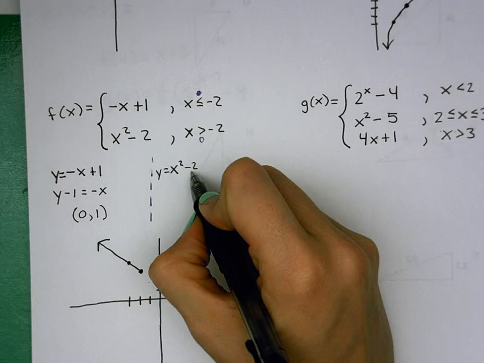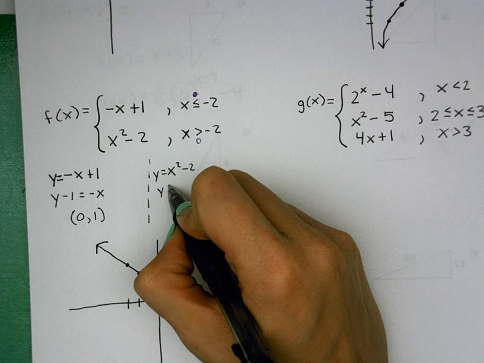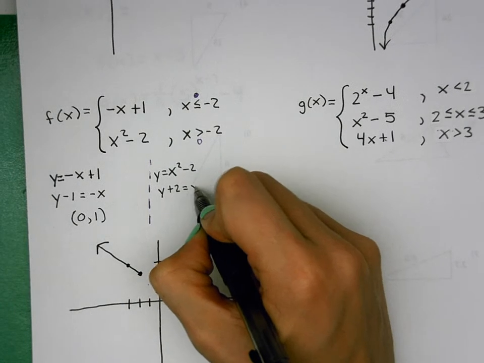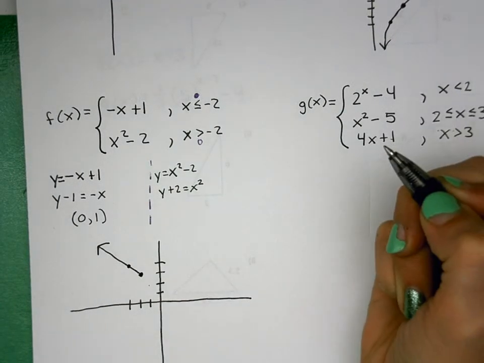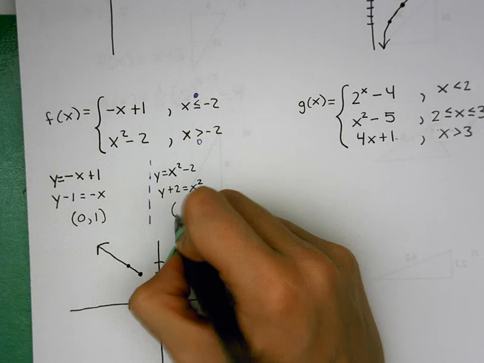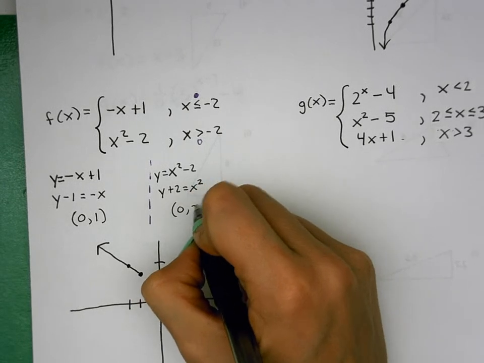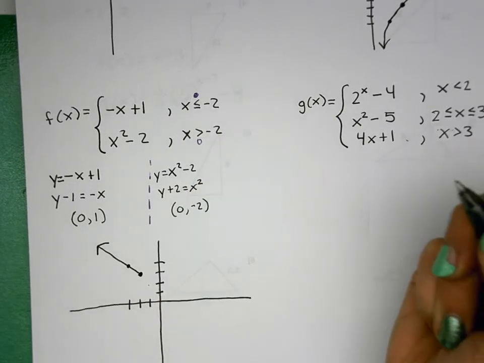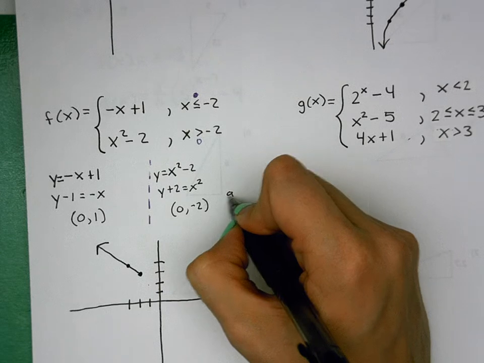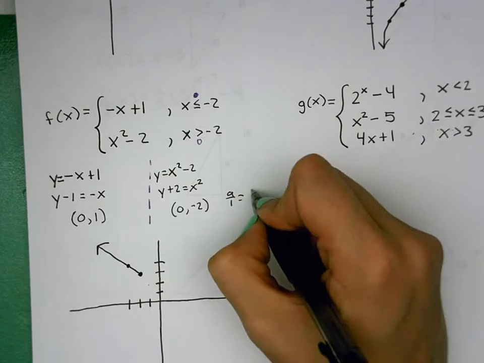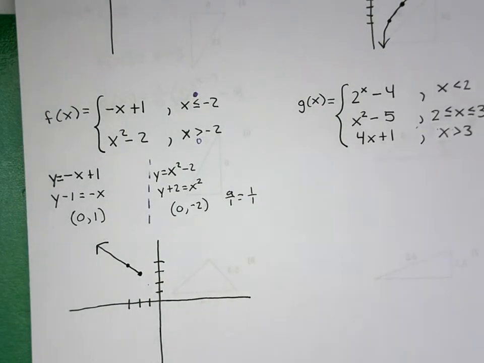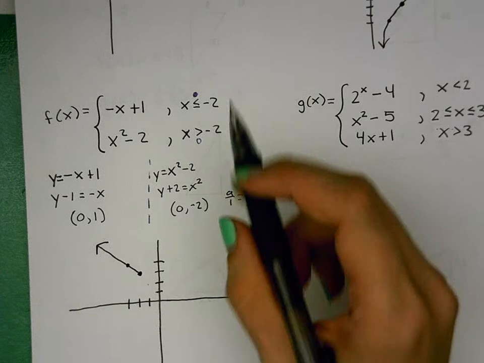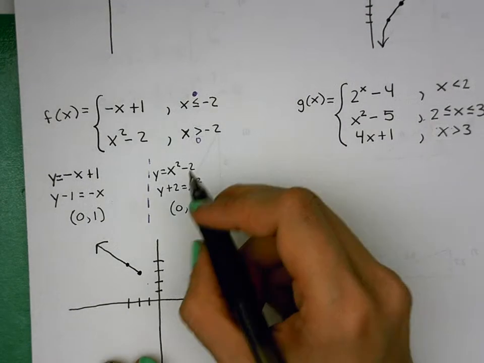Okay, adding the 2 to the other side, we have y plus 2 equals x squared. So initial coordinate point, x is 0, y is -2. And then my a over 1 is going to be 1 over 1.